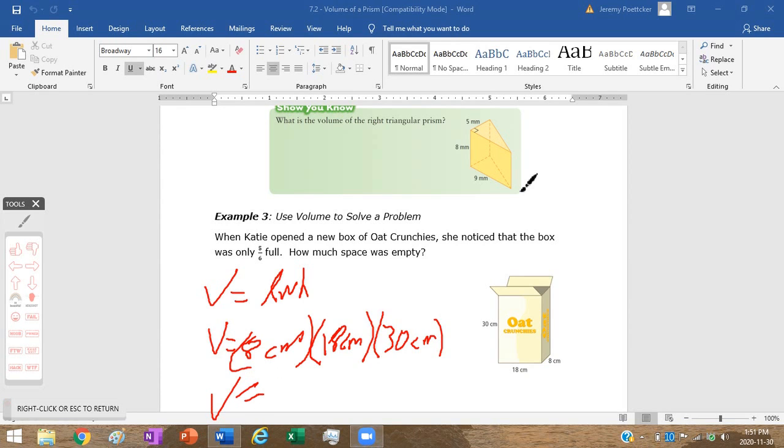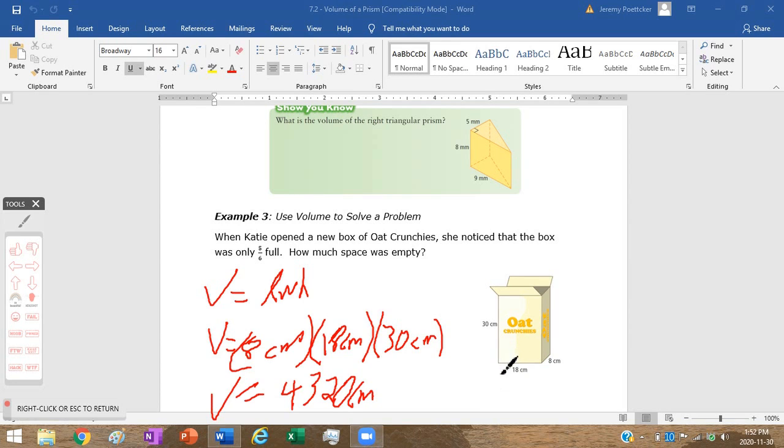Okay, again, calculators here. 8 times 18 times 30 equals 4,320. Am I done at this point? The answer is no, I am not. That would be if the box was full. There is that much oat crunchies in there.